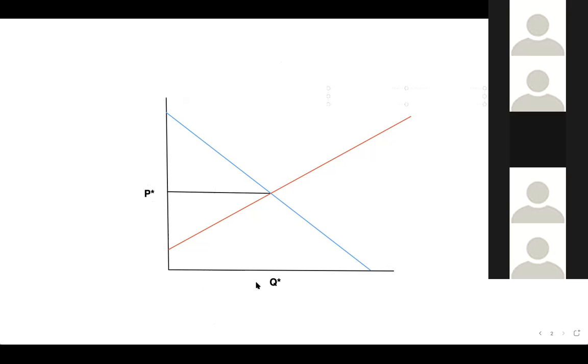So, if this Q is 100, then you're somebody that's buying one of those 100 pounds, right?